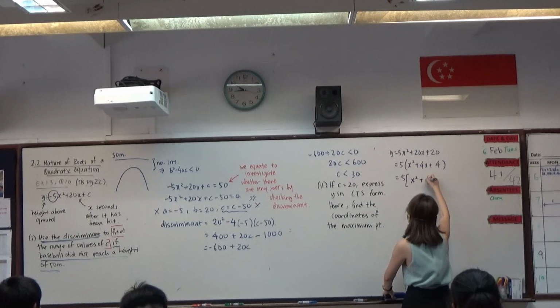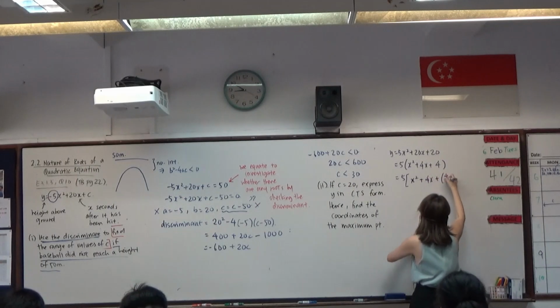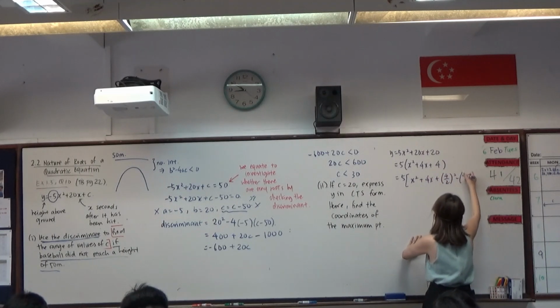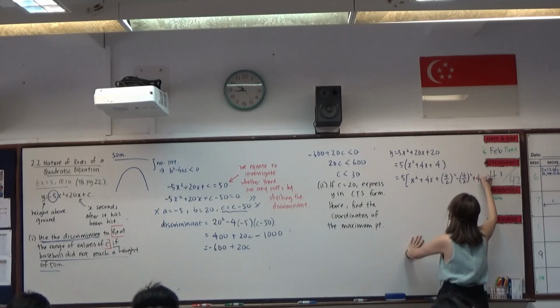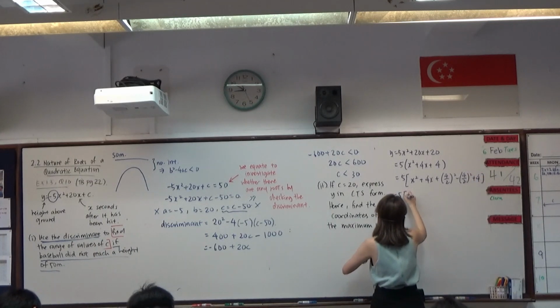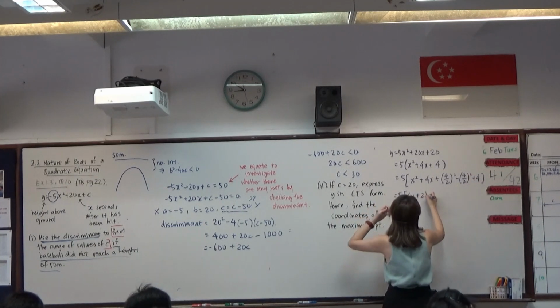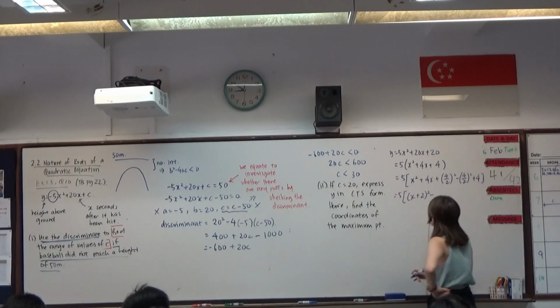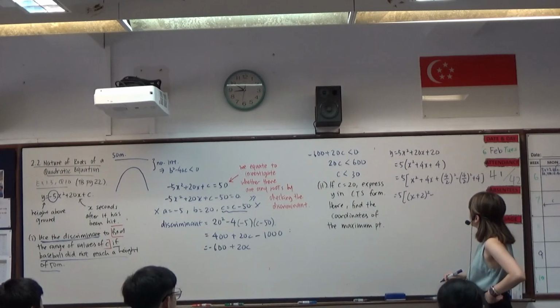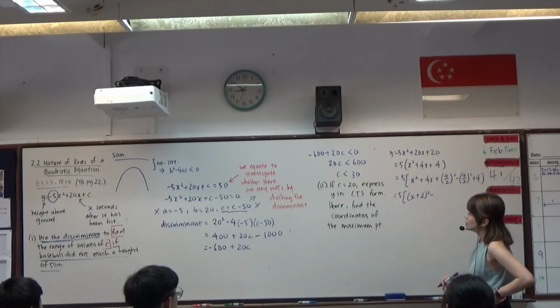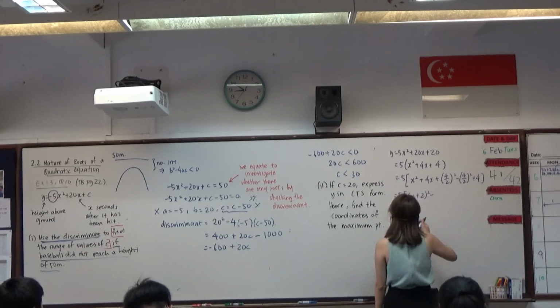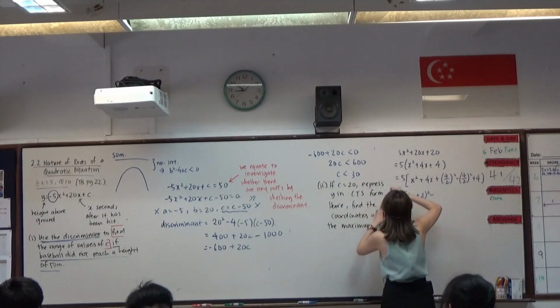X squared plus 4x plus 4 over 2 squared minus 4 over 2 squared plus 4. X plus 2 squared minus 6. Not enough? Oh, from this angle I never see. Okay. Thank you.